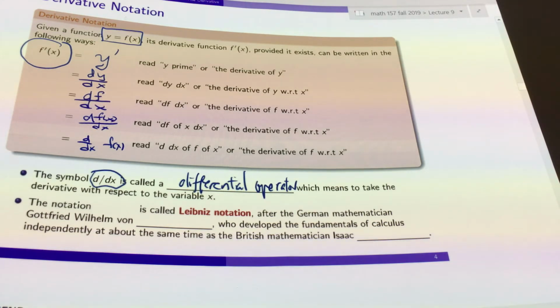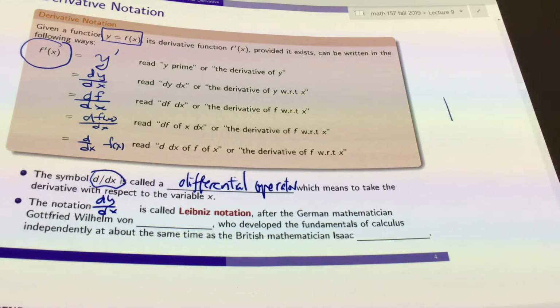And dy dx is Leibniz notation. You probably only know that calculus was invented by Newton, but at about the same time Leibniz also invented it. The notation we use is not the Newton notation.